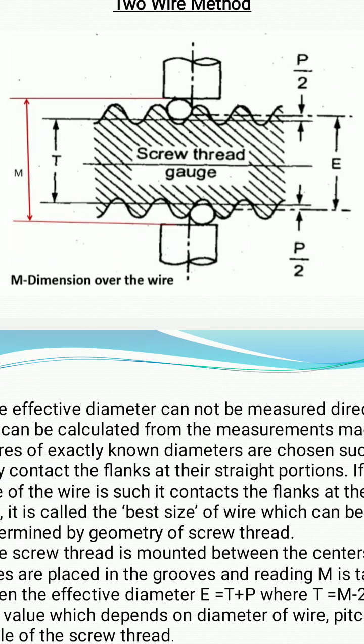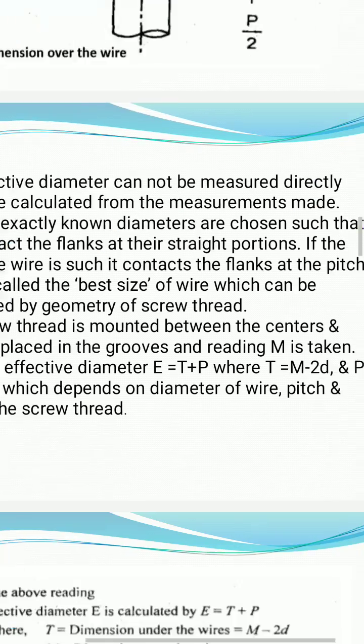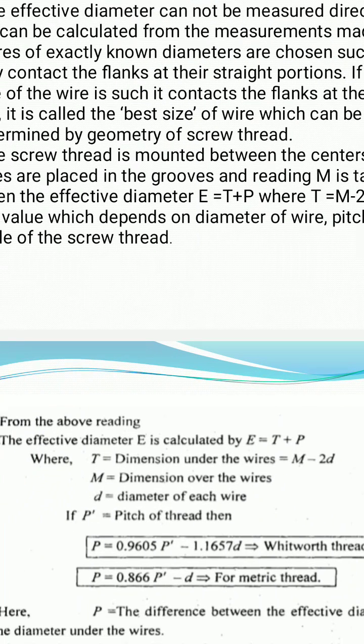See the T on the left side. So capital T plus P by 2 on one side and P by 2 on the other side. Two P by 2s are there, so it will become P. So E equals T plus P. All of you just see: capital E, the effective diameter, is equal to T plus P. Correct?